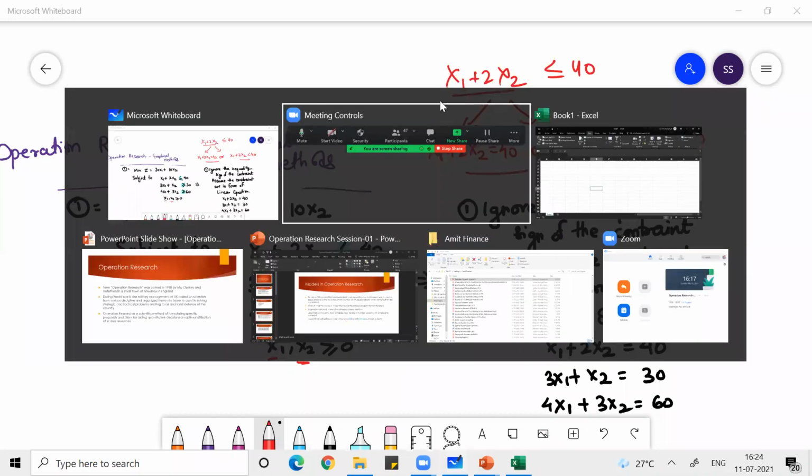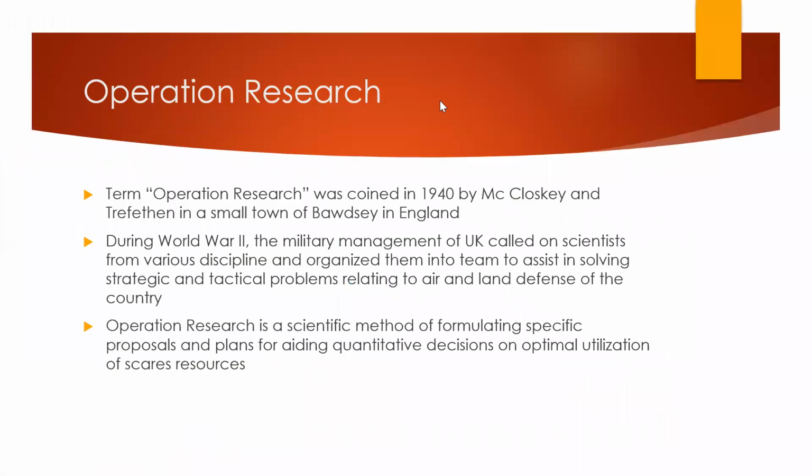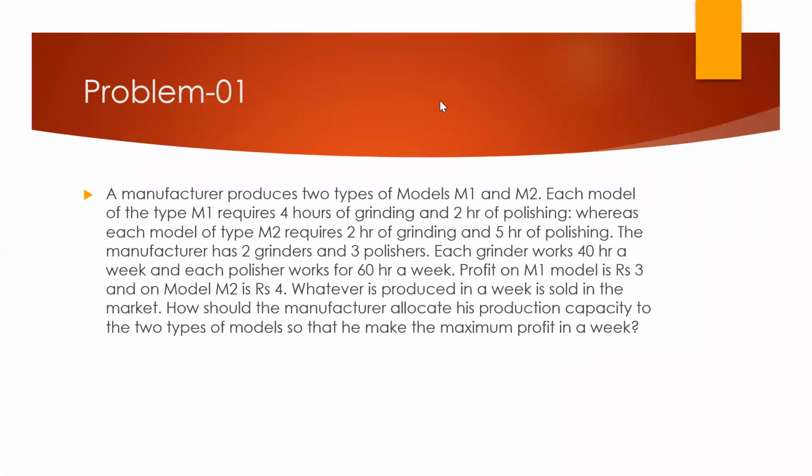I hope you remember when you were solving these kinds of problems in operations research. When you had to formulate the given equation, they used to give you a constraint on the maximum. Like here, if you read the problem, the maximum grinding I can do is only 80 hours. And the maximum polishing I can do: I have 3 polishers, so the maximum polishing I can do is 180 hours.